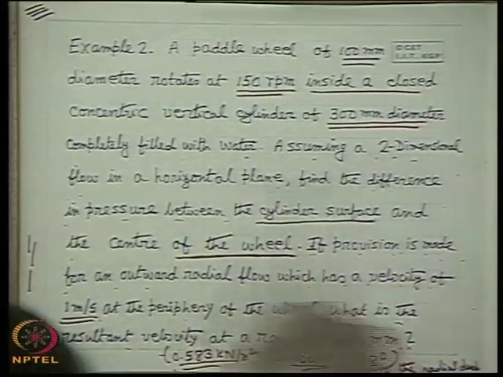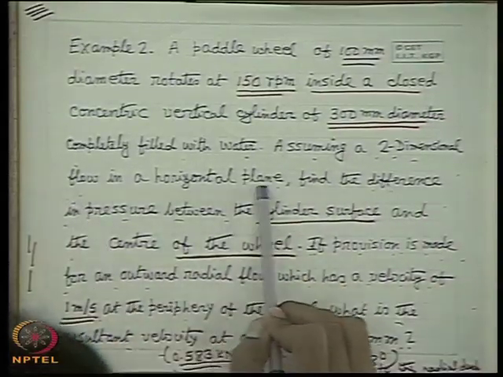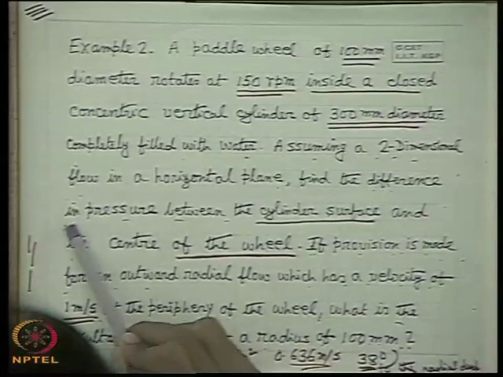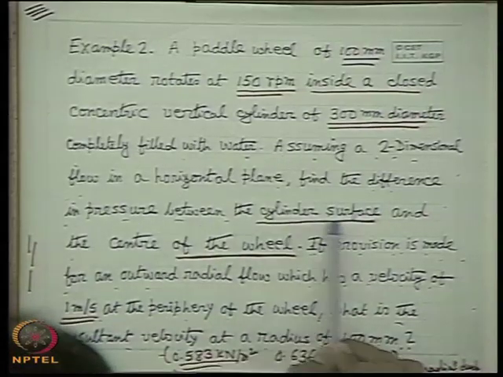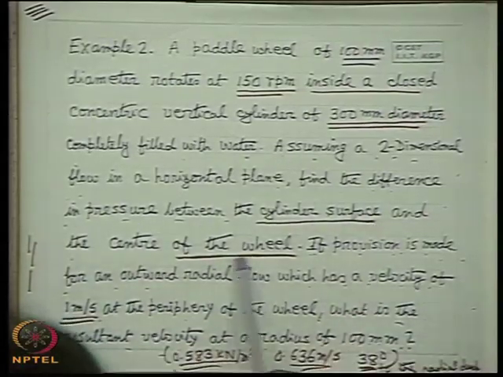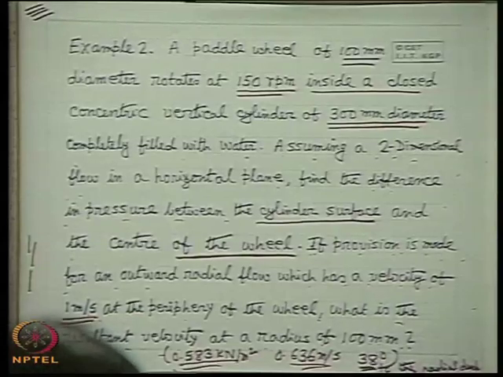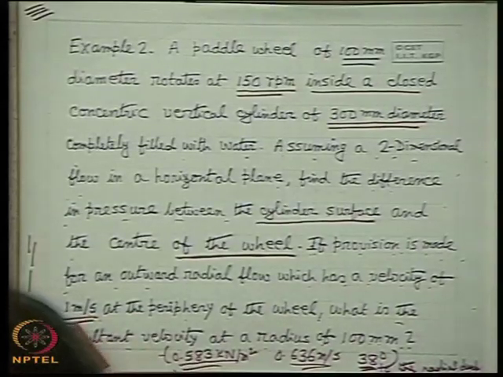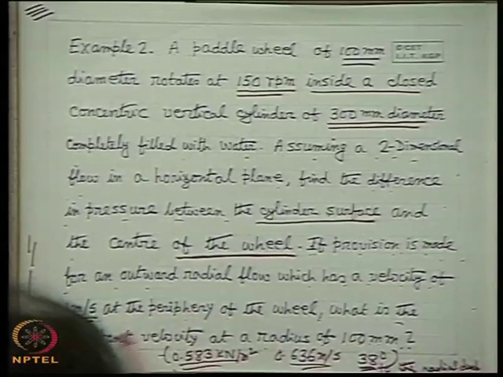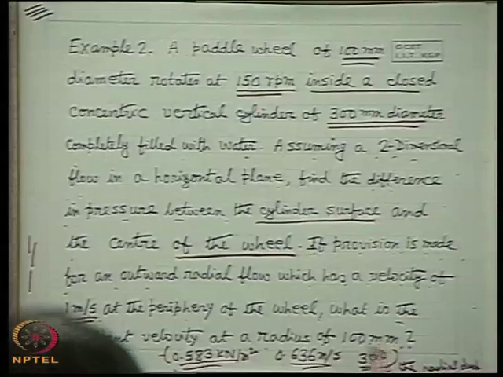Assuming a two-dimensional flow in a horizontal plane, find the difference in pressure between the cylinder surface and the center of the wheel. If provision is made for an outward radial flow which has a velocity of 1 meter per second at the periphery of the wheel, what is the resultant velocity at a radius of 100 millimeter?